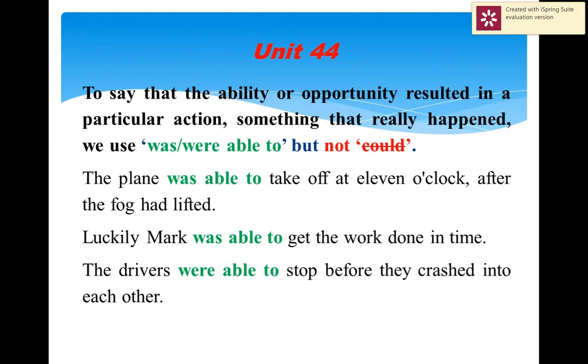Now to say that the ability or opportunity resulted in a particular action, something that really happened, we use was or were able to, but not could. إذا كان الكلام عن قدرة أو فرصة نتجت من حدث ما في الماضي, in this case we use was or were able to.